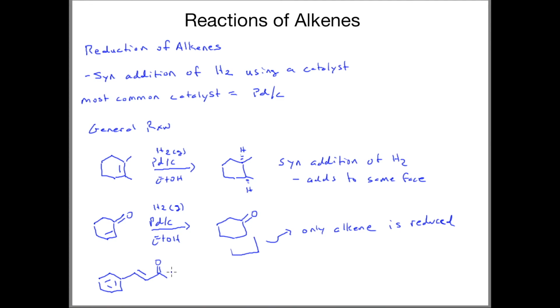When we draw this reaction, using palladium on carbon, the only thing that is going to be reduced in this case is our alkene, not our aromatic compound, which is a conjugated alkene. So our aromatic compound stays intact.